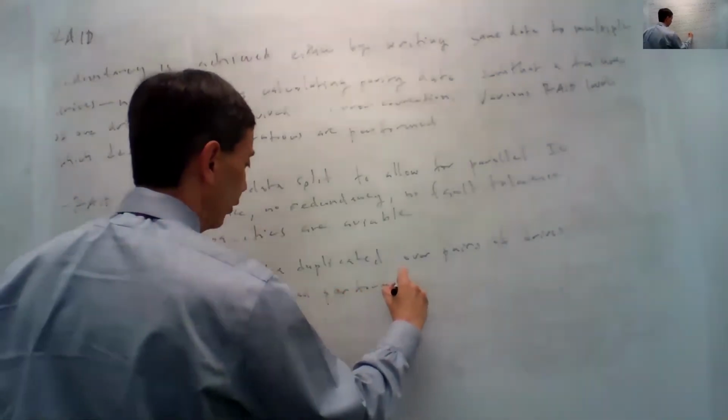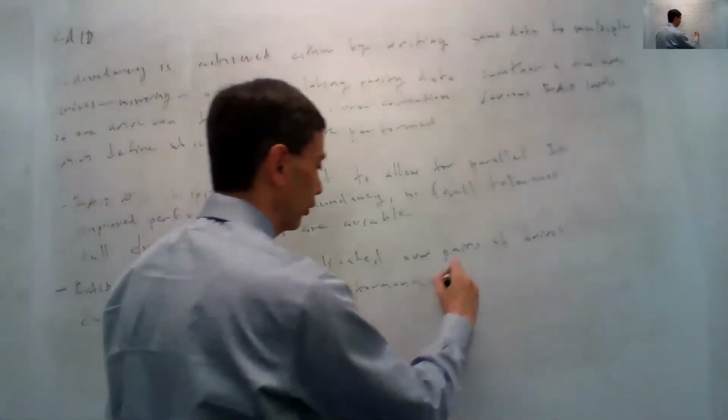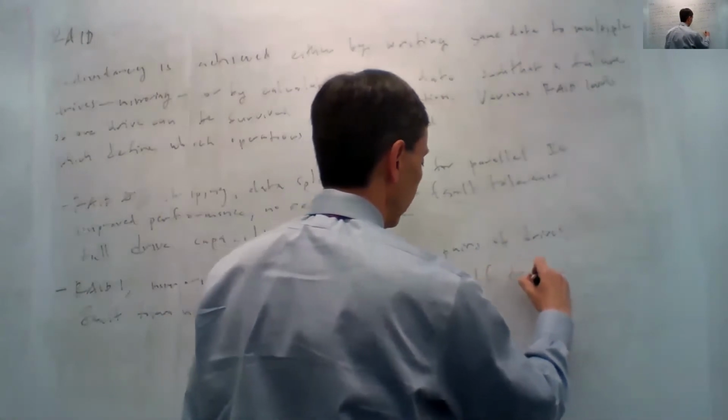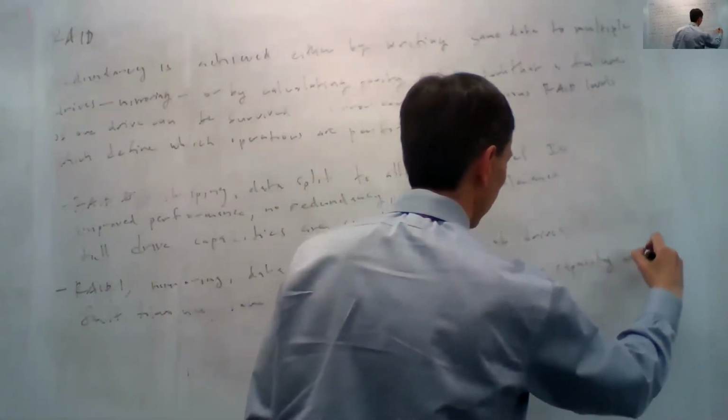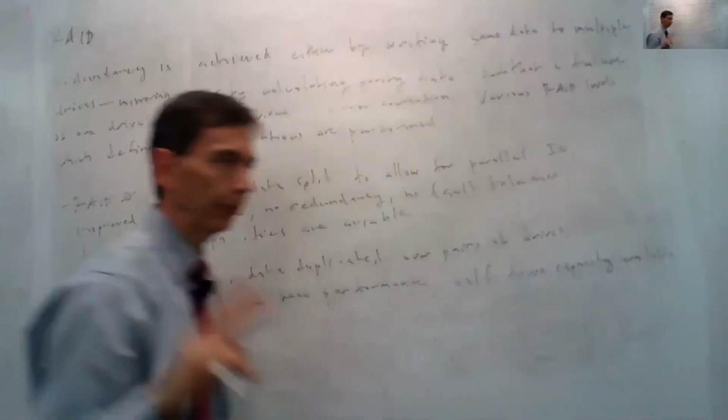Because if you're reading 2 different things, you might read one from one drive and one from the other. Okay? And you get half the drive capacity. Because every pair of drives, one is the primary, one is the secondary. So if you have 2 1 gig drives, you only get 1 gig of drive space because you're duplicating the data. You need 2 drives to do that.